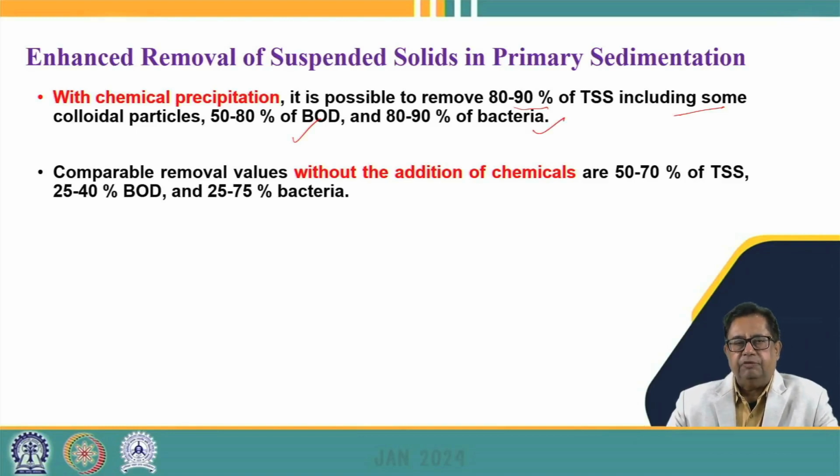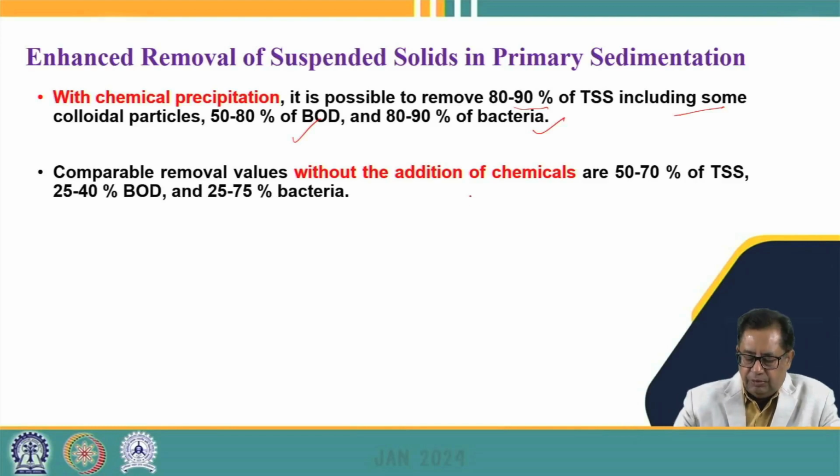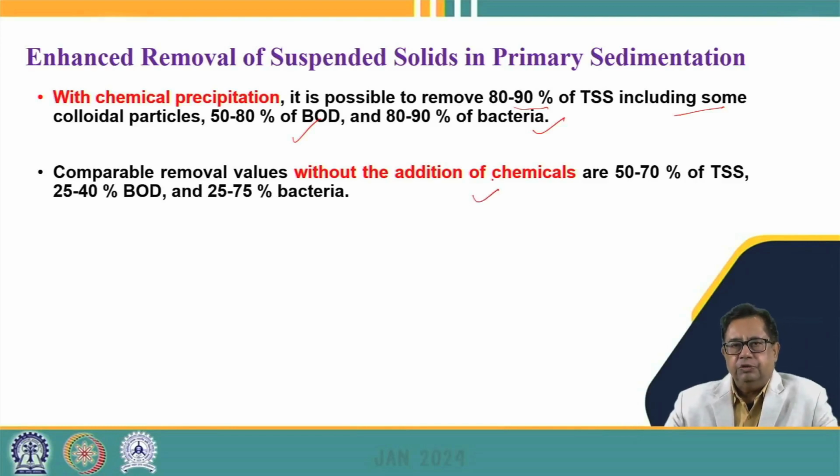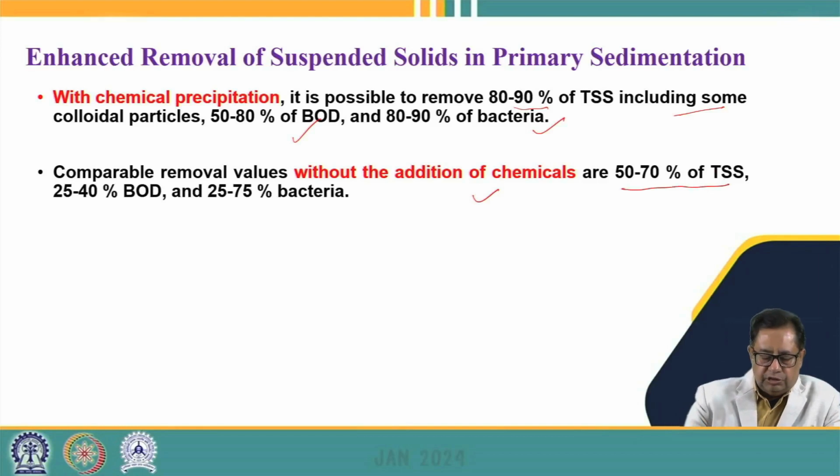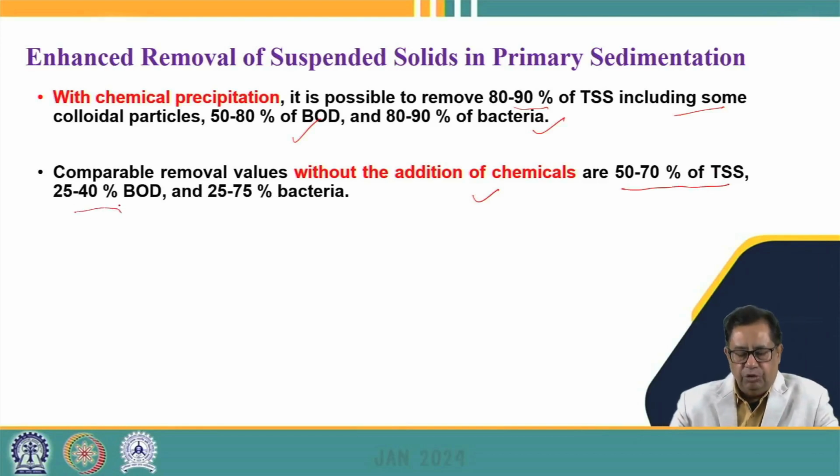So when we are using the chemical precipitation process, the efficiency of the primary sedimentation may be enhanced. If we compare it with the process where we are not adding any chemicals, it may lead to the removal of nearly 50 to 70% of the total suspended solids, only 25 to 40% of the BOD, and only 25 to 75% of bacteria.